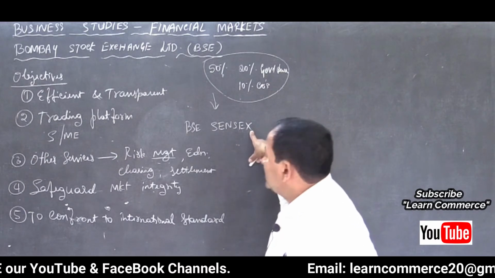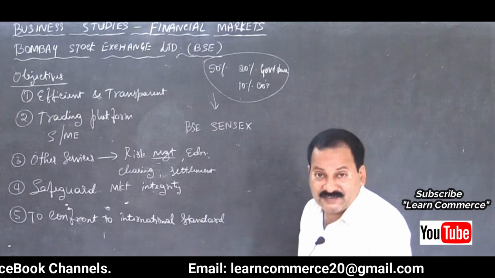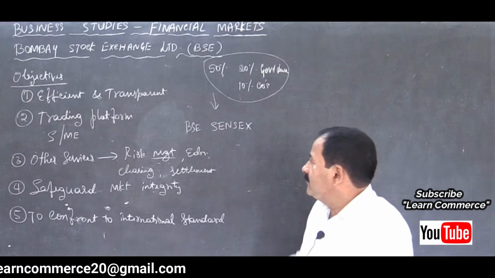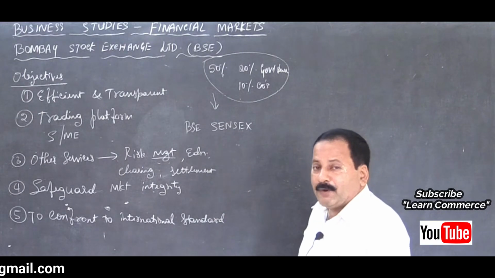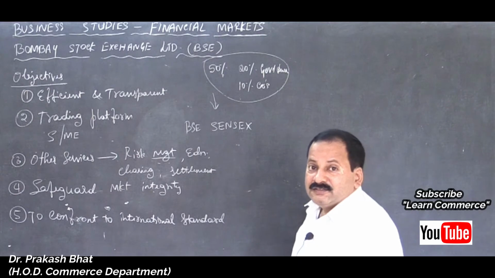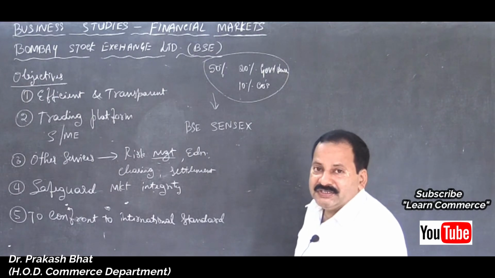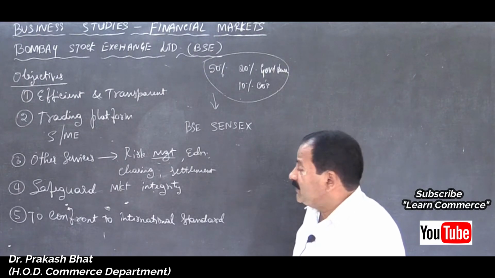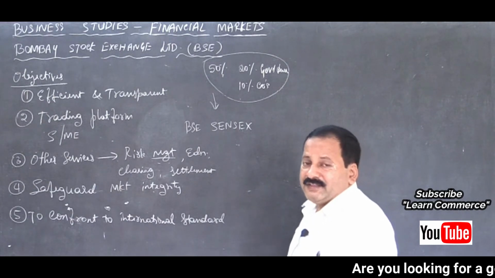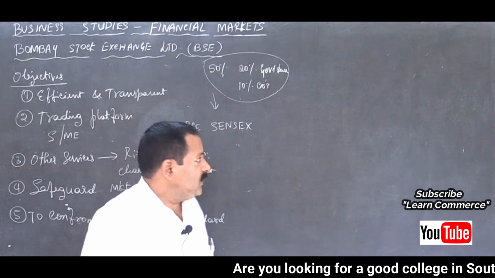You can see on the CNBC channel, at every point of time, the movement in the quotes of the companies, that is, the price of the companies and even the index of the BSE. How is it decided?